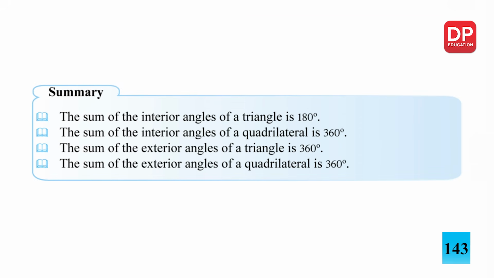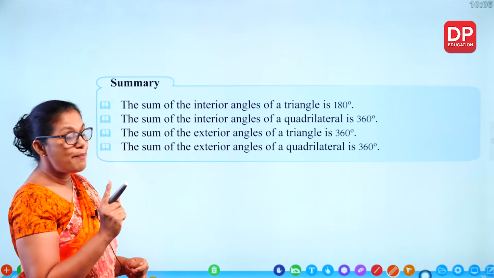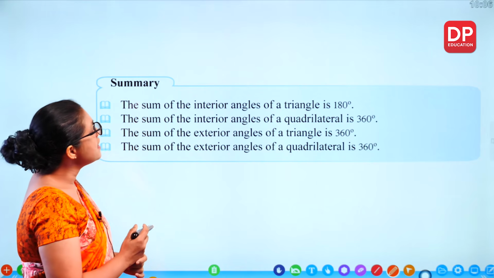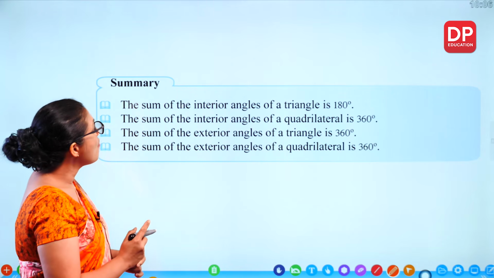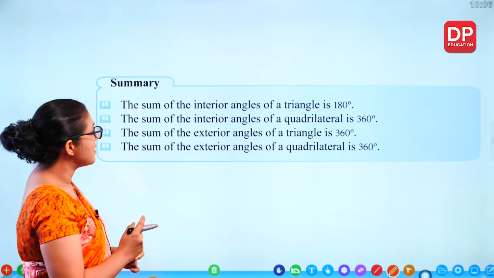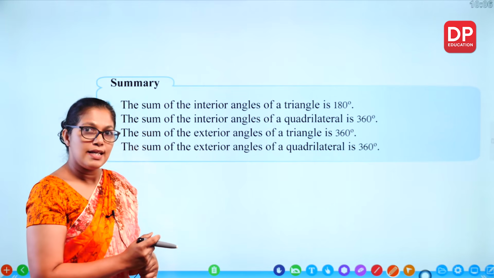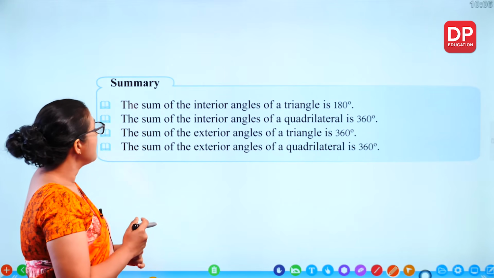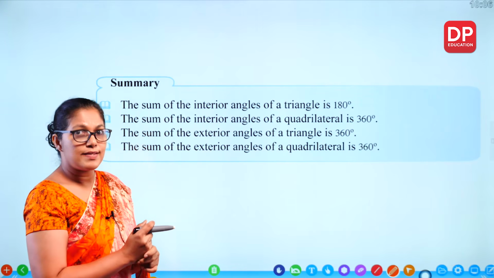So, we covered all theory related to triangles and quadrilaterals. You need to remember the sum of the interior angles of a triangle is 180. The sum of interior angles of a quadrilateral is 360. The sum of the exterior angles of a triangle is 360. And the sum of the exterior angles of a quadrilateral is 360.